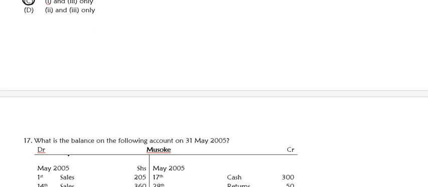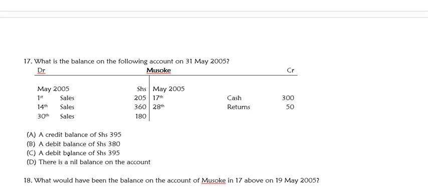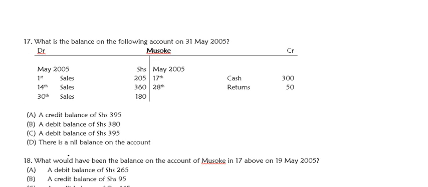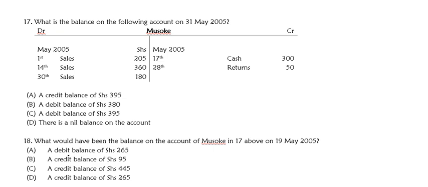Move on. What is the balance in the following account? Now here they have given you an account. They want you to find the balance on the following account. When you're balancing an account, of course, the balancing figure should be on the smaller side. And when you look at this account, you'll see that the debit side is bigger.